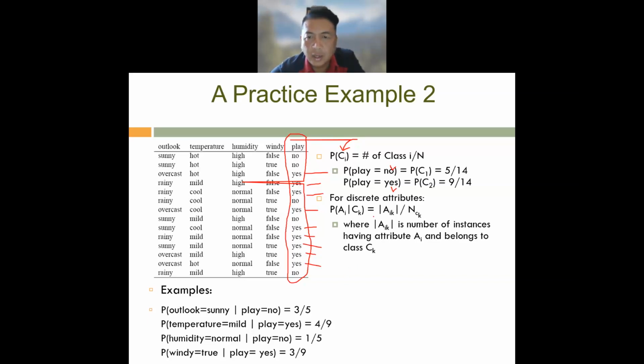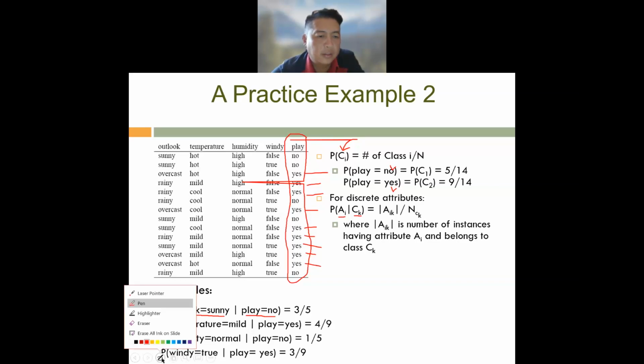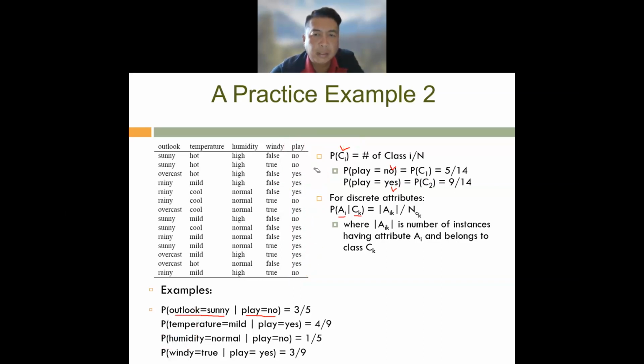For this one, given the class that you have, what is the probability of having this attribute? So for example, given that the play is no, what is the probability of having sunny? So we look at this example again.